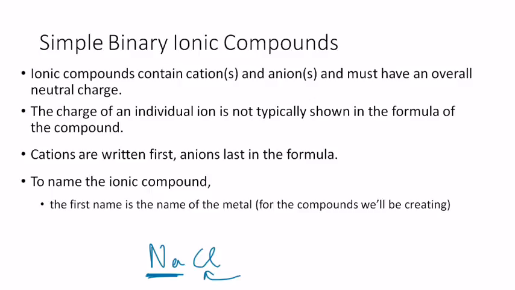But instead of the element chlorine, what we do is we lop off the end, which is INE in this case, and replace it with IDE. So you guys would tell me that's sodium chloride.